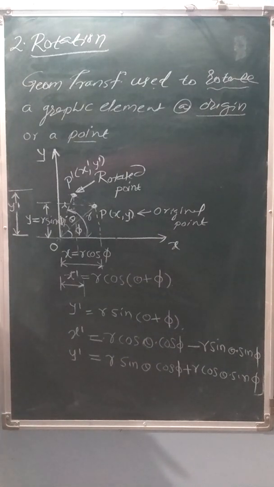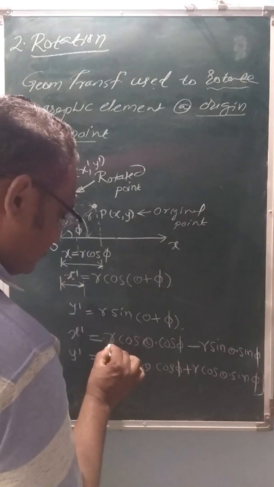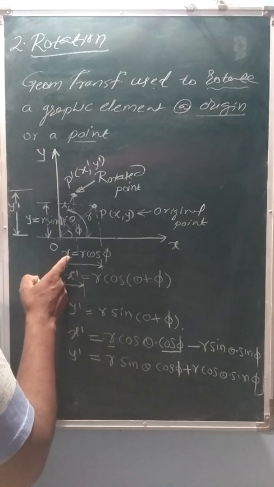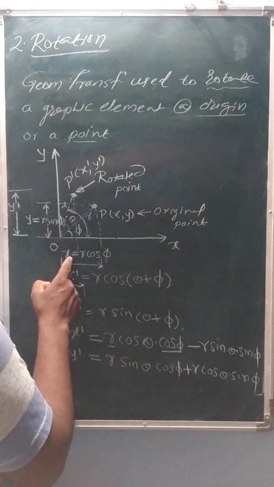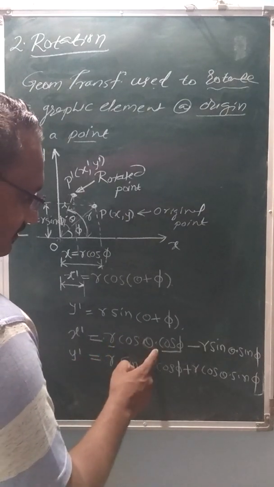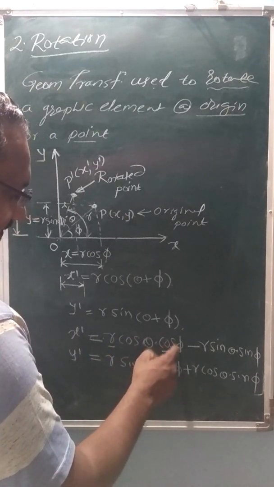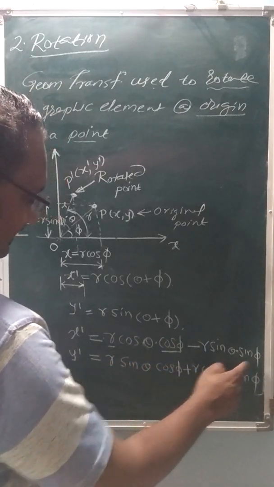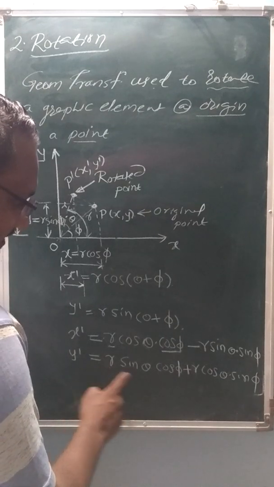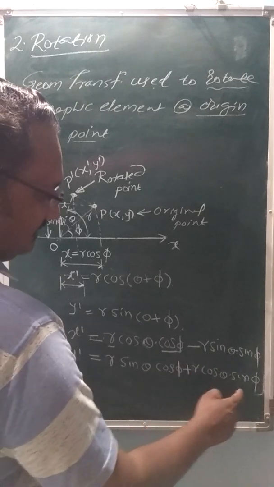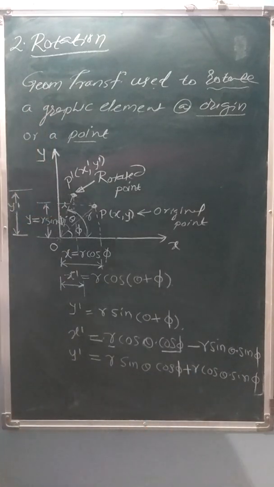Instead of r cos phi, we know that r cos phi is nothing but x. So we can write x for r cos phi. Similarly, for r sin phi, we can write y.